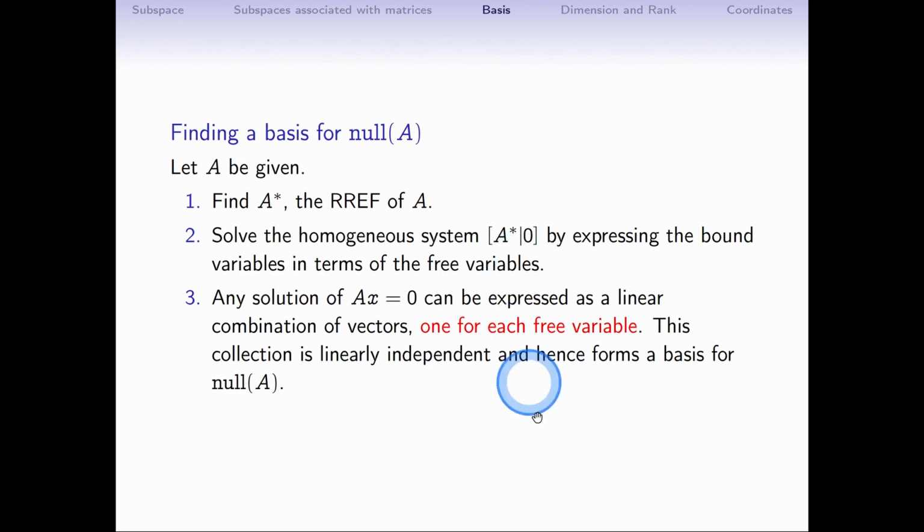In step 3, we show that any solution of the original homogeneous equation Ax equals 0 can be expressed as a linear combination of vectors, one for each free variable. This collection is linearly independent and hence forms a basis for the null space of A.